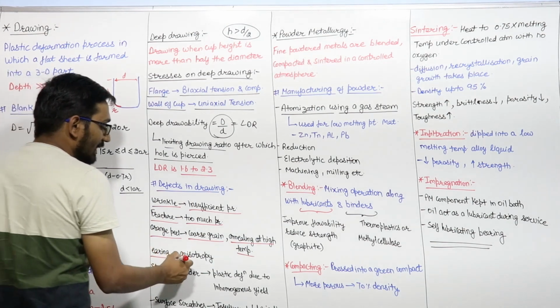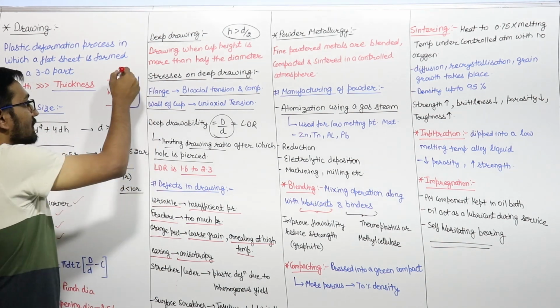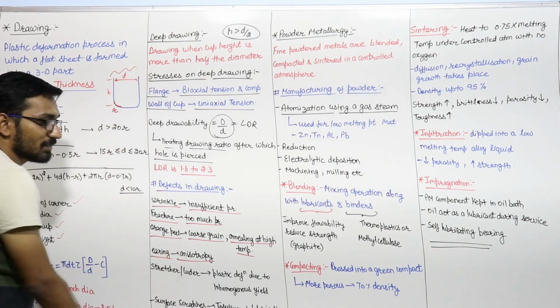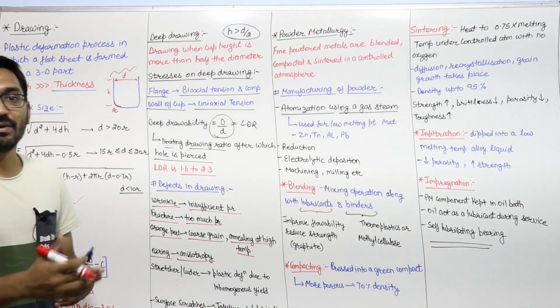Earring: the cause of earring is anisotropy. Earring means an irregular shape on the top of the cup. That is because of anisotropy, meaning the properties are different in different directions.